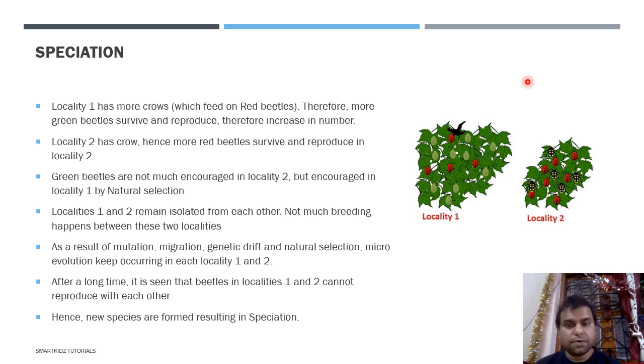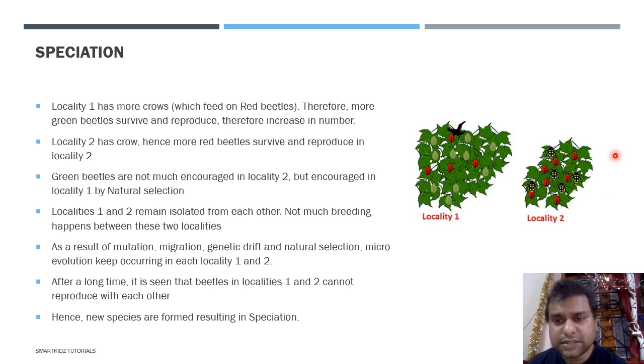So we see locality 1 and locality 2, two different localities, and we see there are red beetles as well as green beetles. Now red beetles are easily eaten by the crows. As a result, green beetles continue to grow in locality 1.